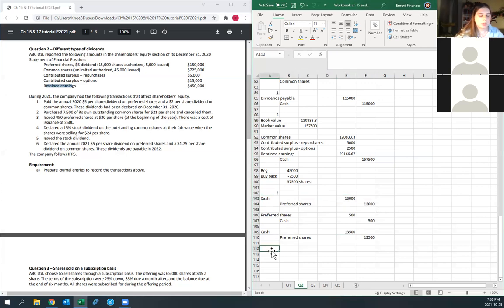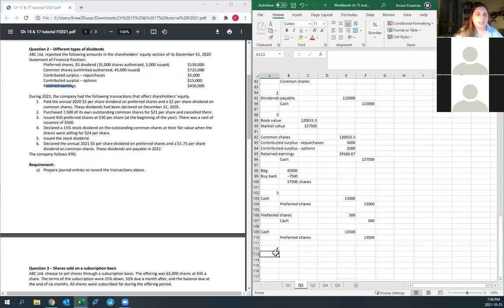For the 4th requirement, they declared a 15% stock dividend on the outstanding common shares at their fair value when the shares were selling for $24 per share. So first, what you want to find is, no, I'm getting confused with the EPS.